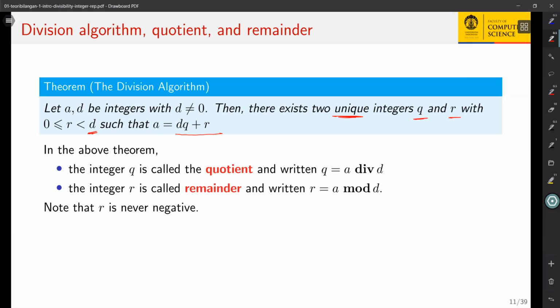Remember, the remainder must be between 0 and D, not including D.